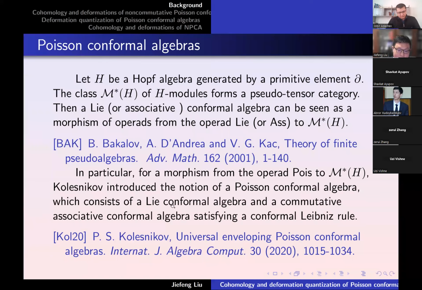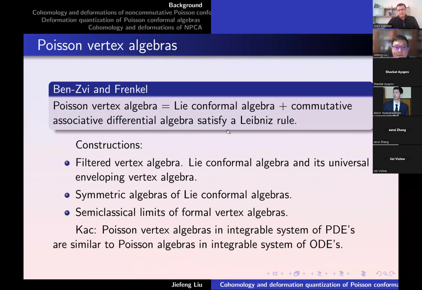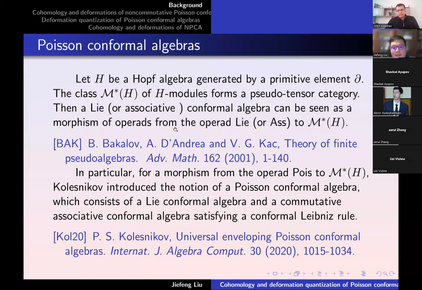It is also a Lie conformal algebra plus a commutative associative conformal algebra, whereas that one is a commutative associative differential algebra. These are different. The meanings of the two notions are very different.